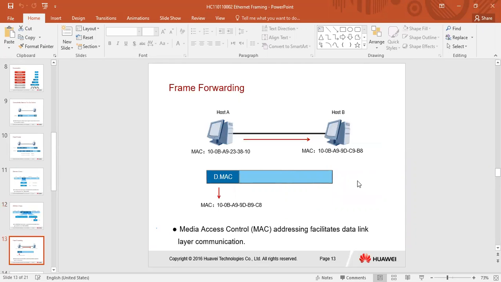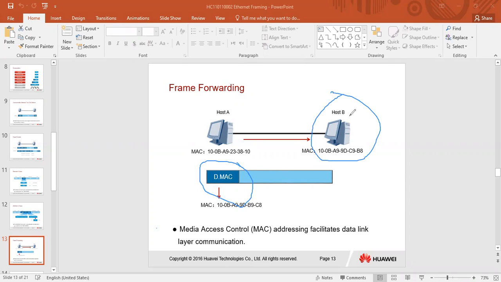Frame forwarding. Suppose you have constructed your frame and you want to transmit it. You will forward your frame by identifying the destination MAC address. If you want to transmit the frame to host B, you will add the destination MAC address in the frame.